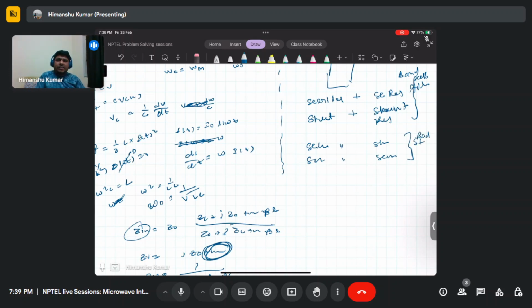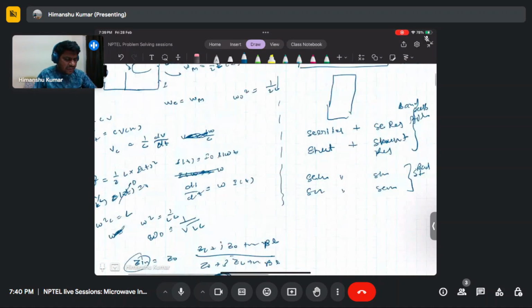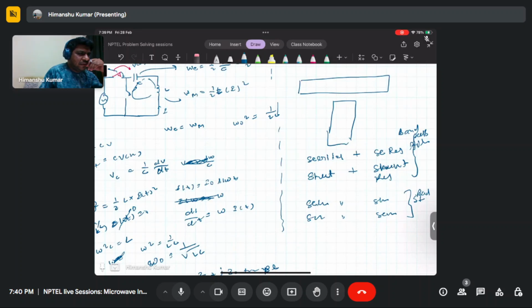So with this kind of line combination you can realize different kinds of filters and topologies.